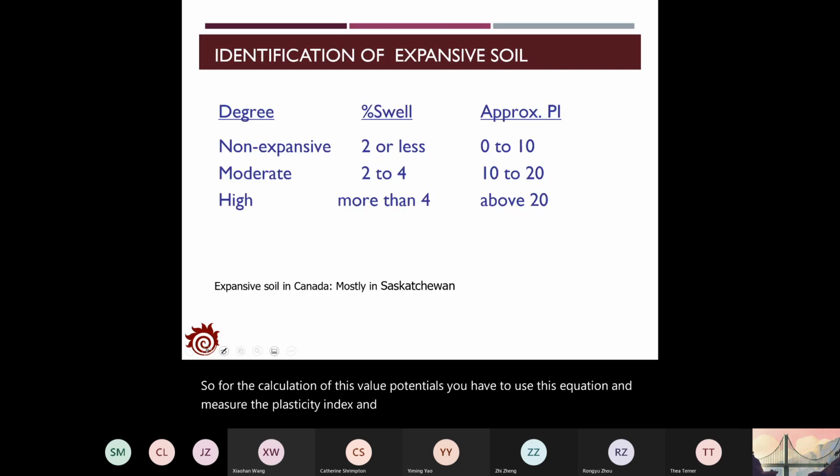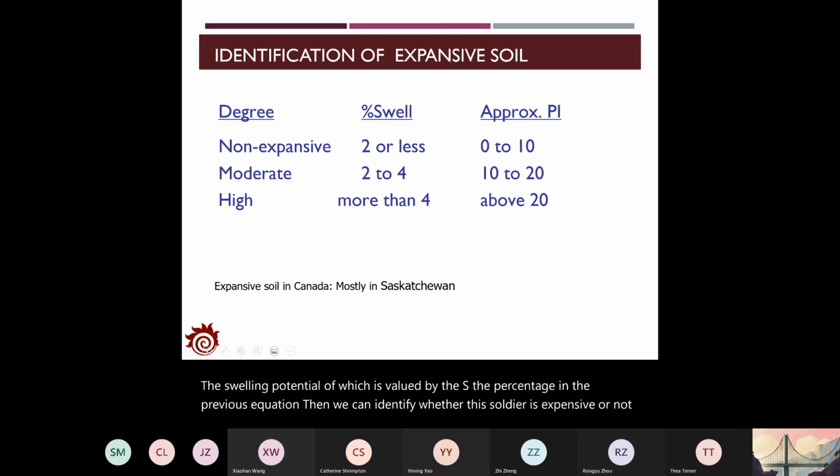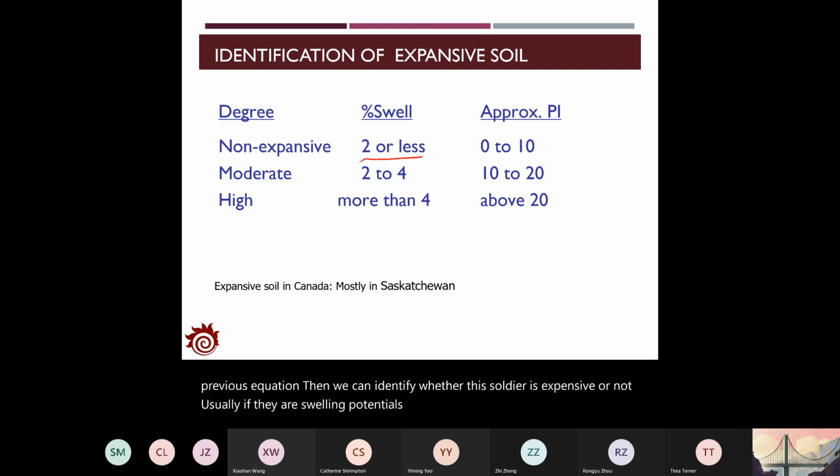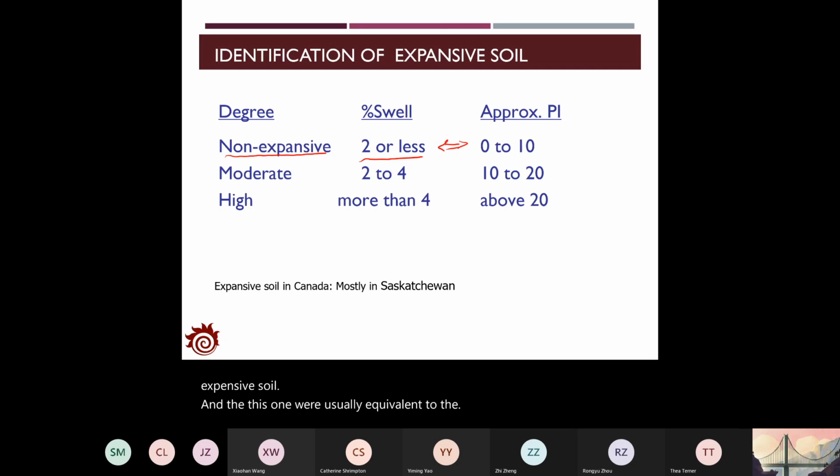Once you know the swelling potential, which is evaluated by S, the percentage in the previous equation, you can identify whether the soil is expansive or not. Usually, if the swelling potential is less than 2%, we say it is a non-expansive soil, and this is usually equivalent to soil with a plasticity index between 0 and 10.